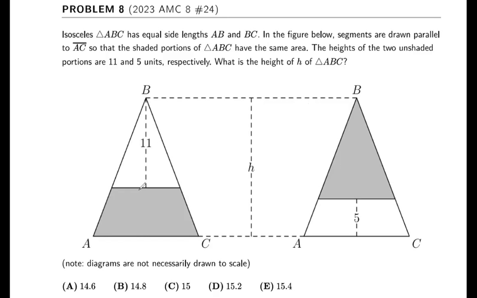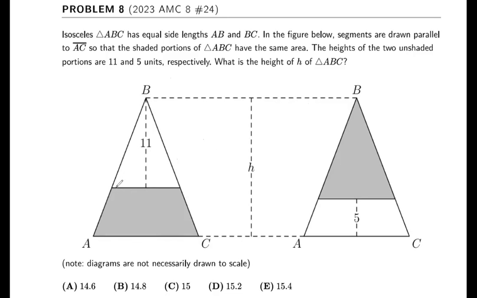Here is the problem that we start with, and then some other question we already did as well. When you have two similar triangles, the area ratio is the square of the scale. We are told these are isosceles triangles and AC is parallel to the top one, so the height will be the same for both.